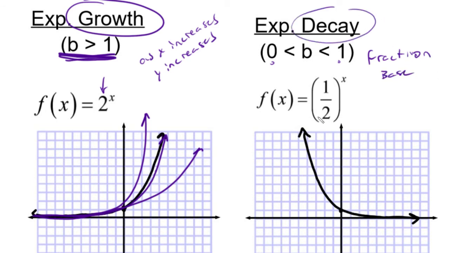And in a decay function, as x increases, y decreases. So as you're moving to the right, you're moving down consistently. And it may look like it levels off here, but it doesn't. It gets closer and closer to the x-axis. All right? Moving on.